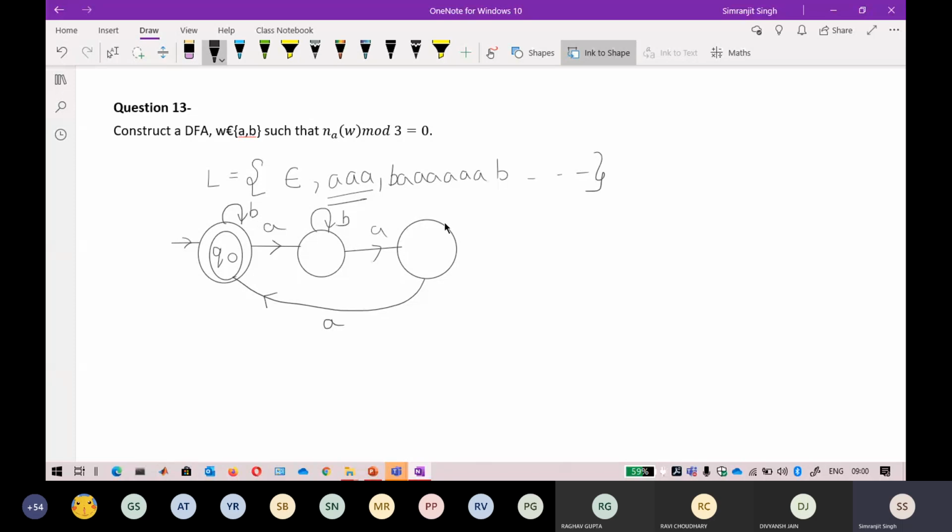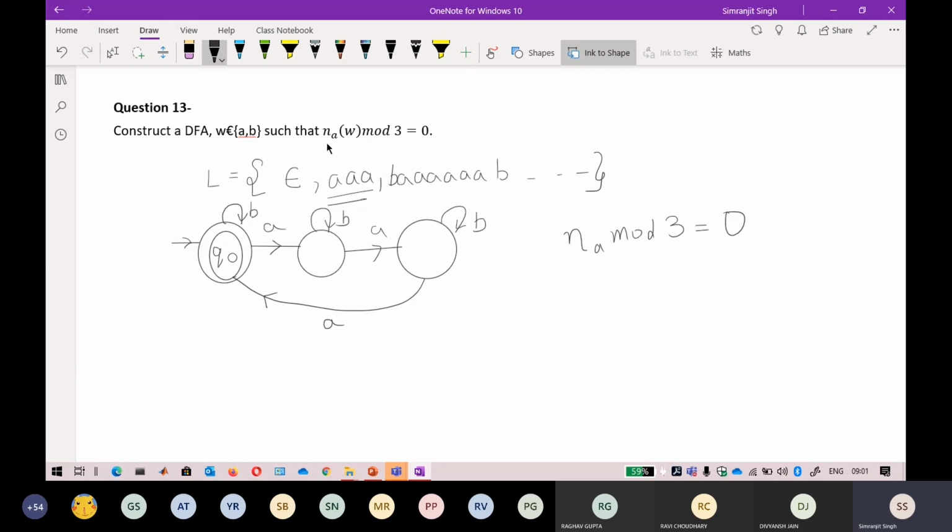If you see these types of questions very clearly, with the number of A's mod 3, students sometimes get confused about how many states will be possible in this particular kind of question.